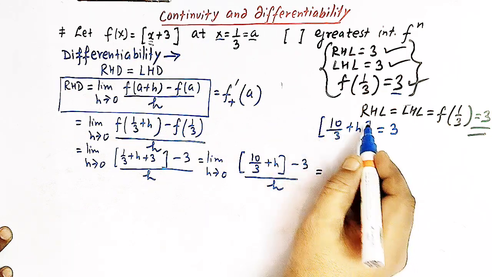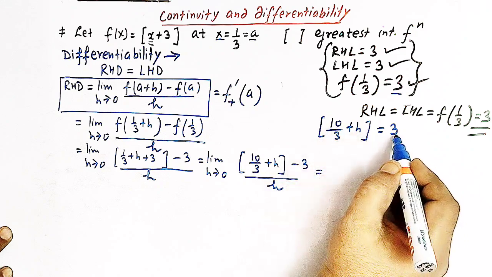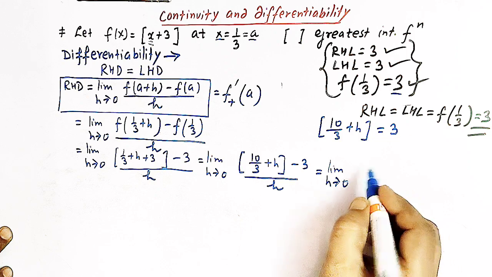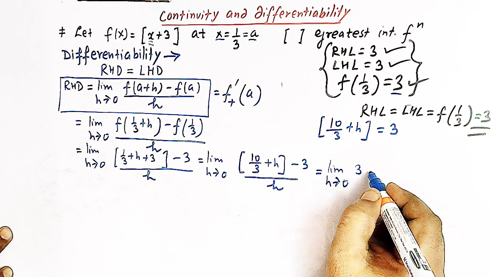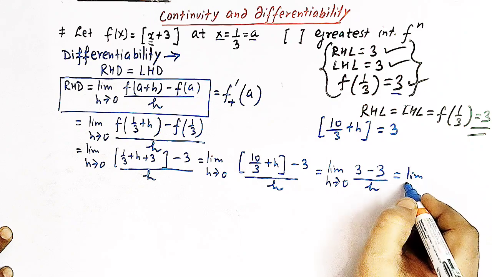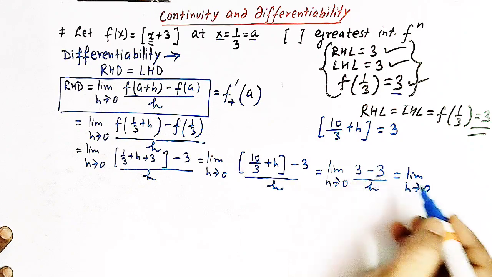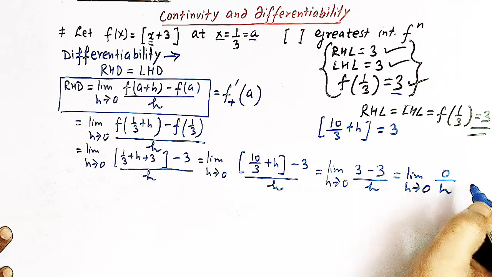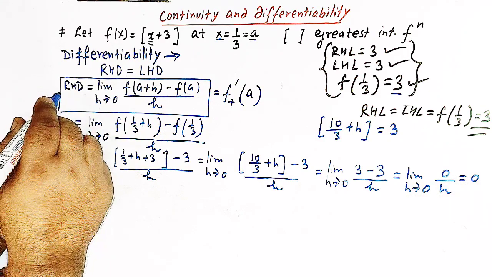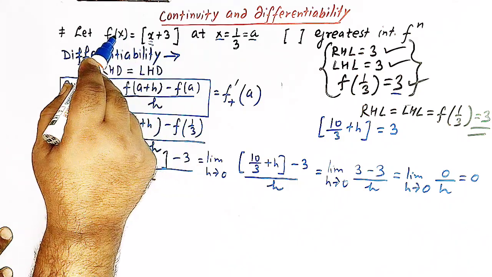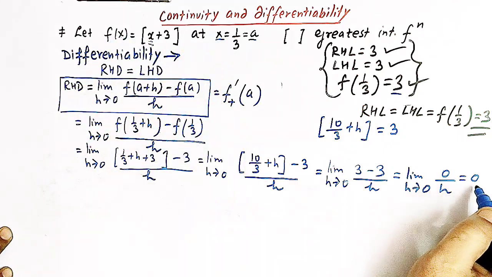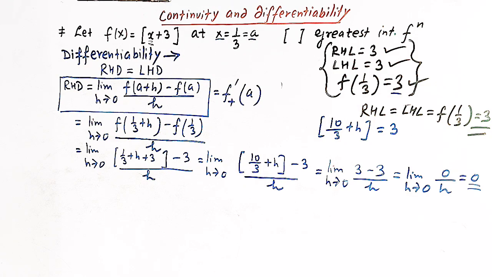So we have the limit h tends to 0 of 3 minus 3 over h. This is the limit of 0 over h, which is equal to 0. So the right hand derivative of this function at x is equal to 1 over 3 is 0.